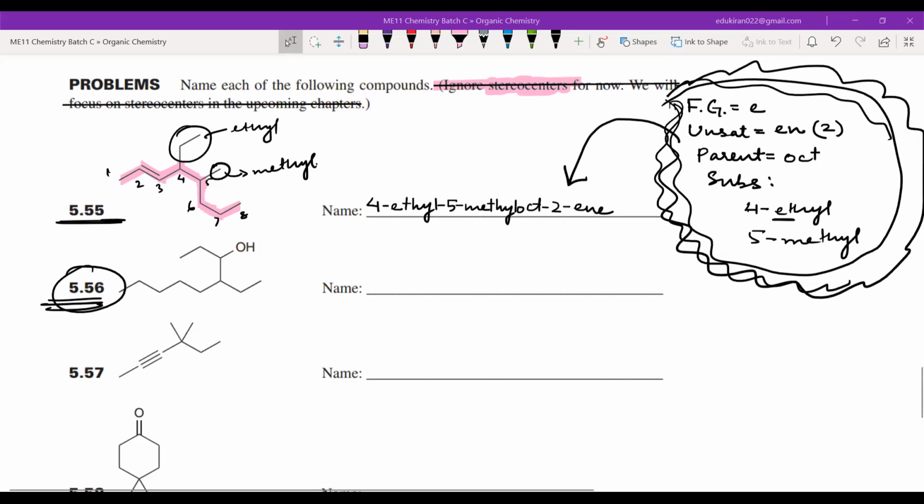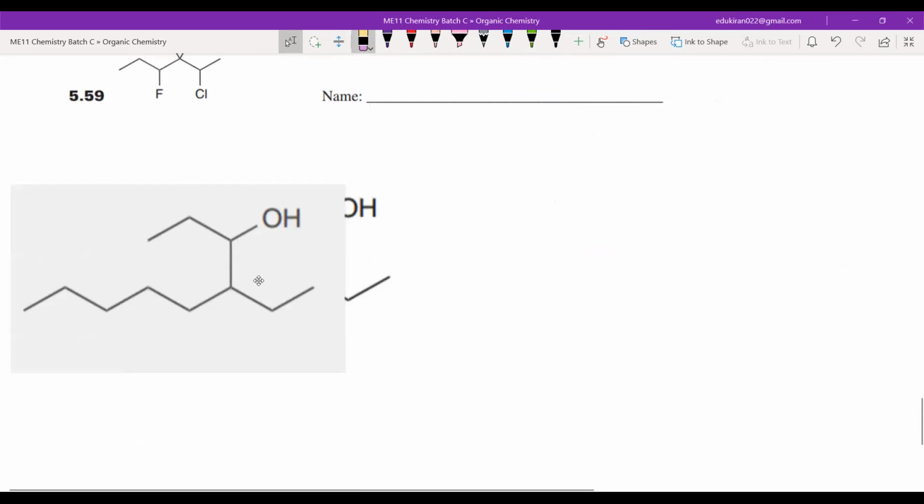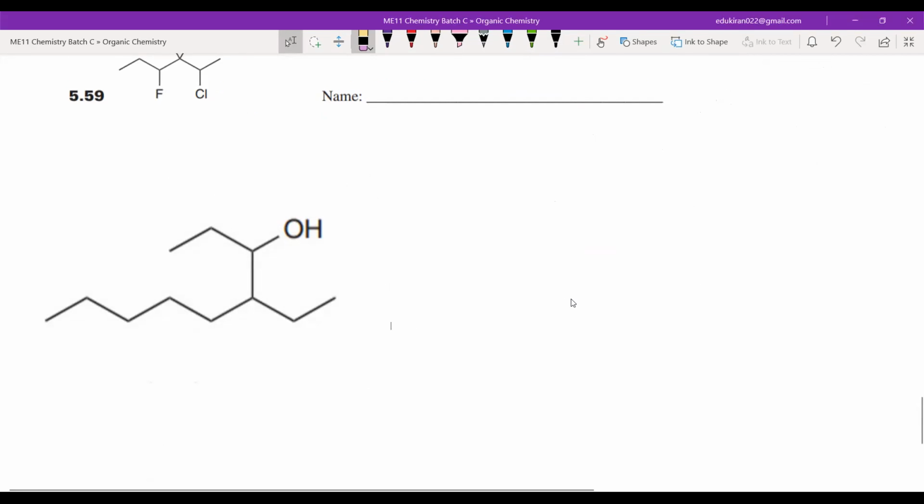So tell me functional group. All. Okay, fine. Wait a second. After the unsaturation, right?